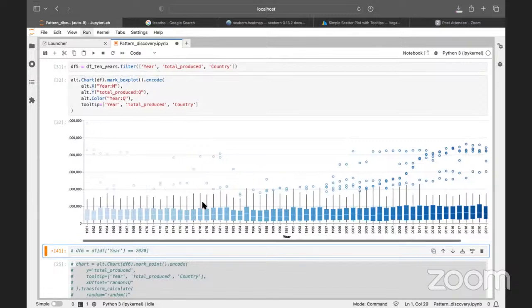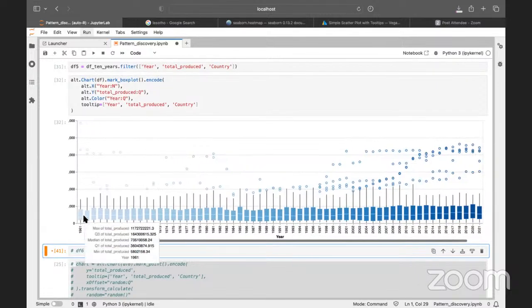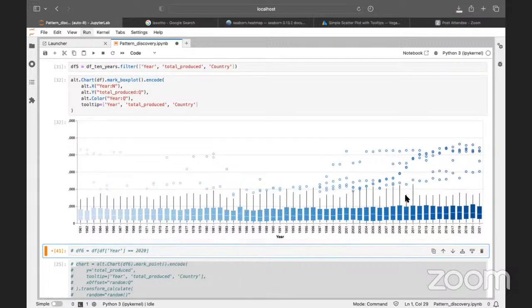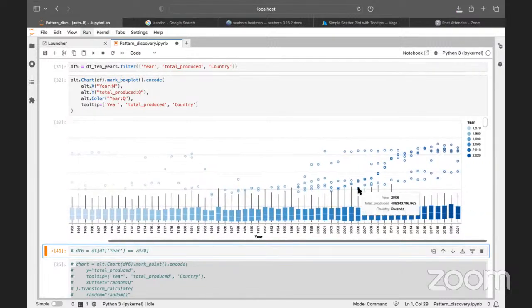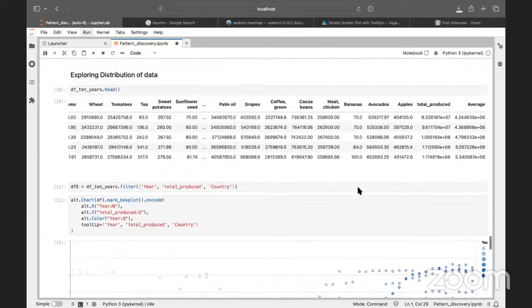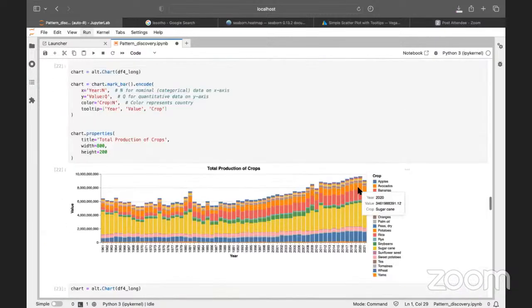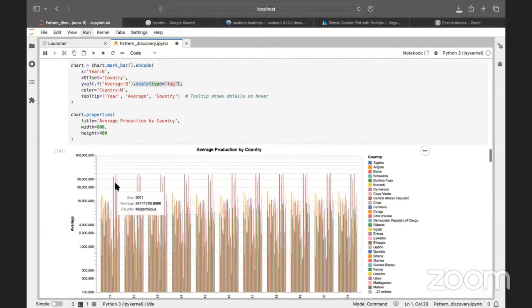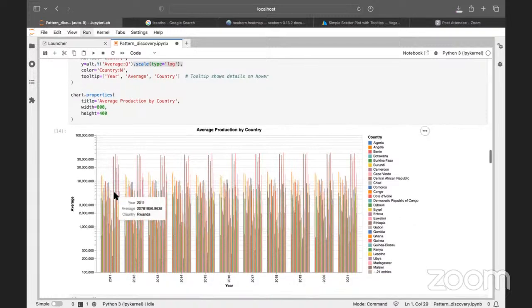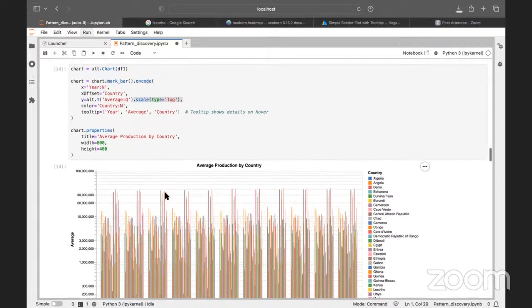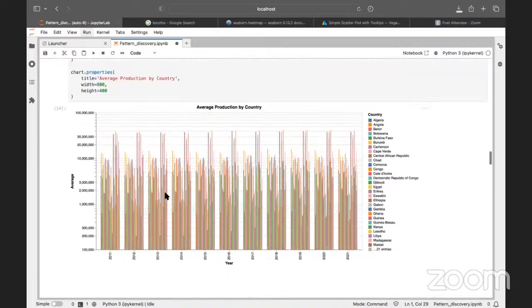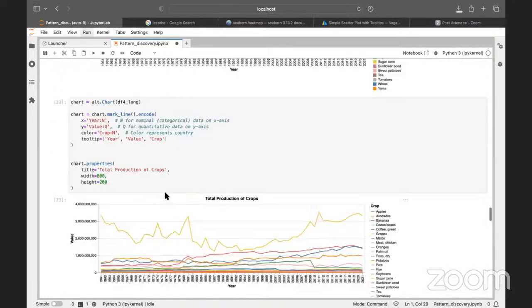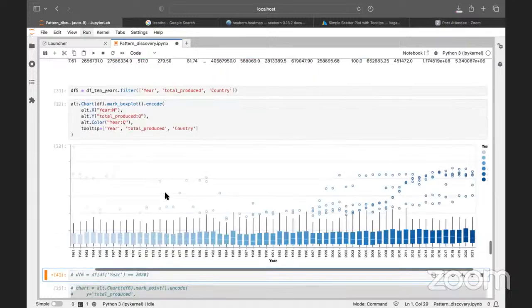So if we do this, this is me just aiming for the full data set, and we see an interesting chart of box plots. In our last data, we were able to see several countries persist in the last 10 years. This is now giving us a more expansive view across the various years.